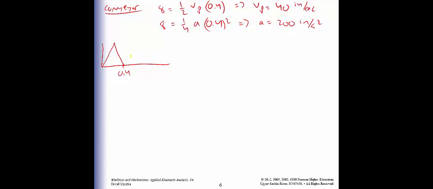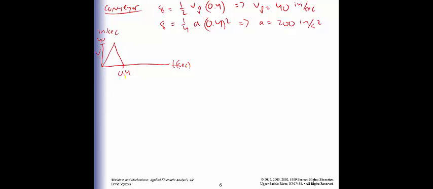It's going to index in that 0.4 seconds, and we know that peak is 40. On this side, we're talking about velocity in inches per second, if I can label the axis there, and then we have time in seconds on the x-axis. It reaches a maximum of 40 inches per second at 0.4 seconds.